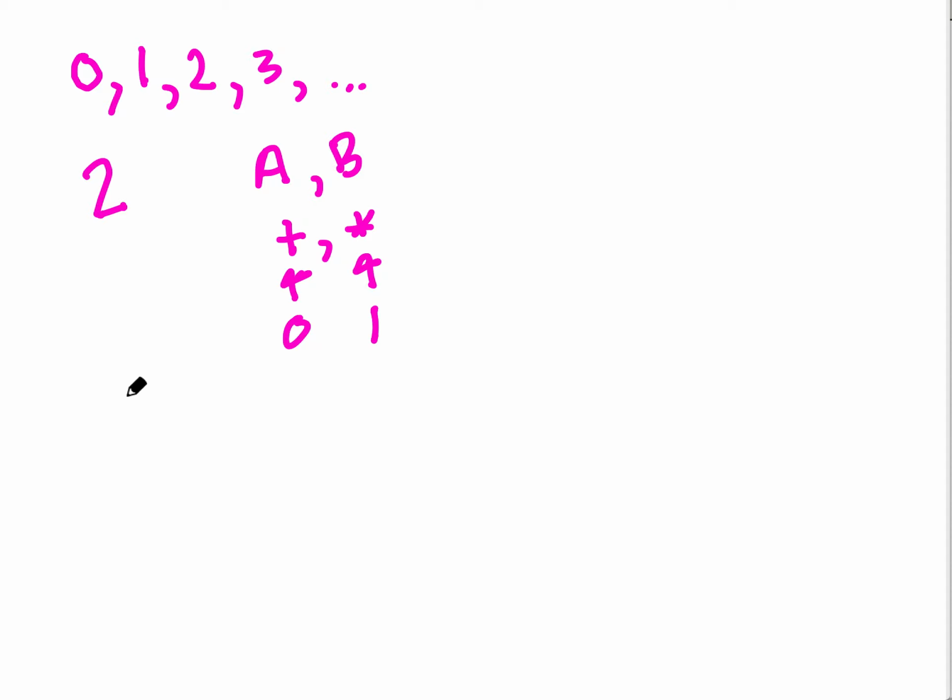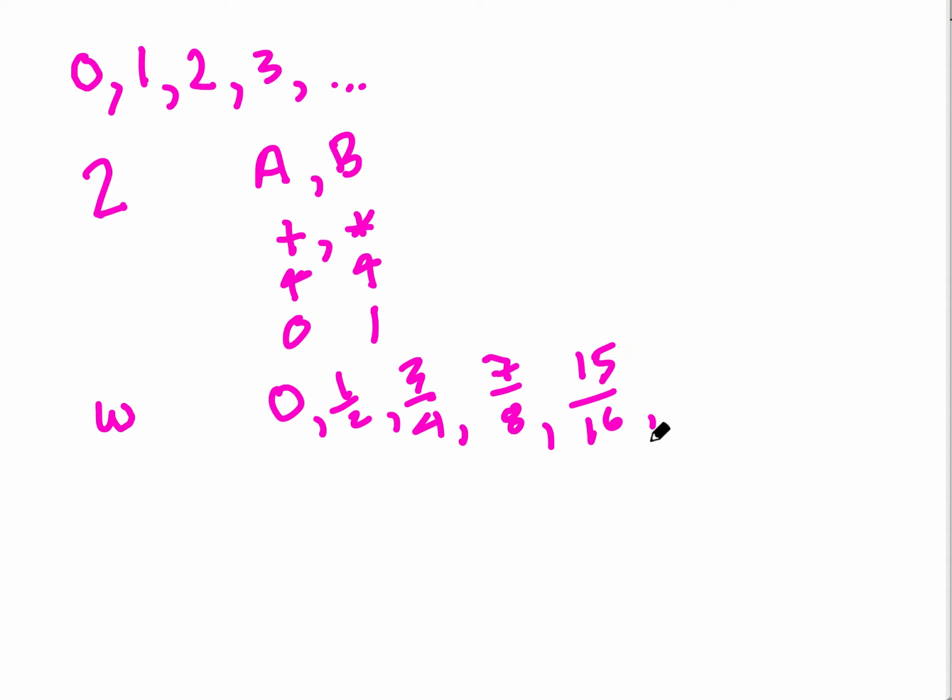I need an ordinal to do that, and this ordinal is called omega. Actually, I have a better idea. Let's say we have an infinite number of things, and we have 0, 1/2, 3/4, 7/8, 15/16, and so forth.